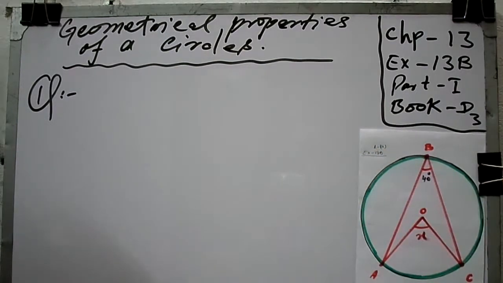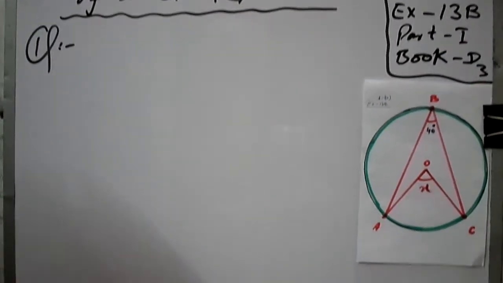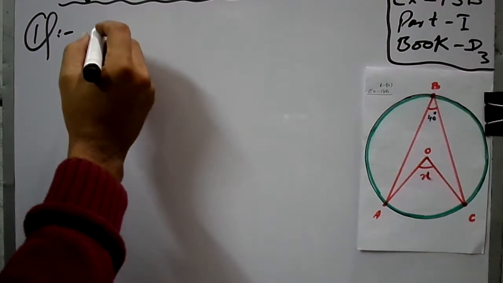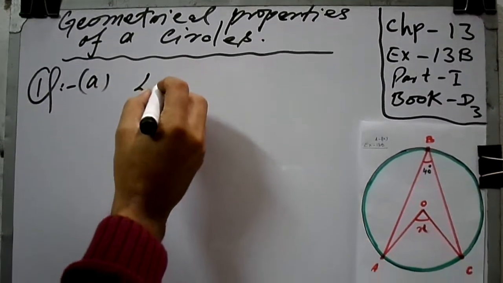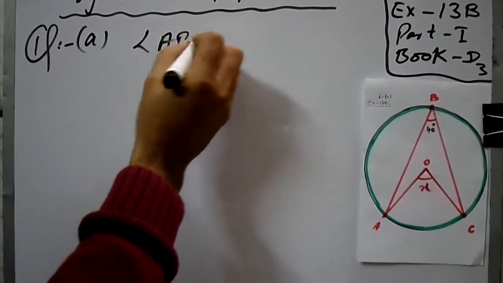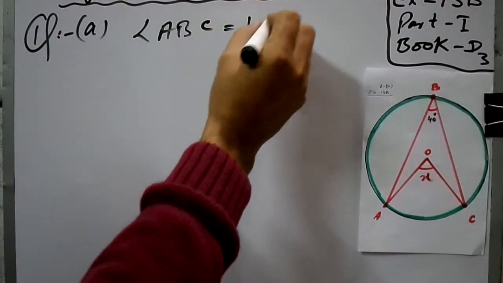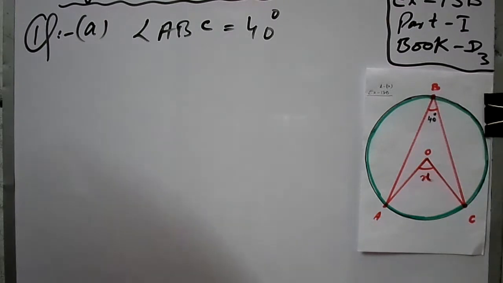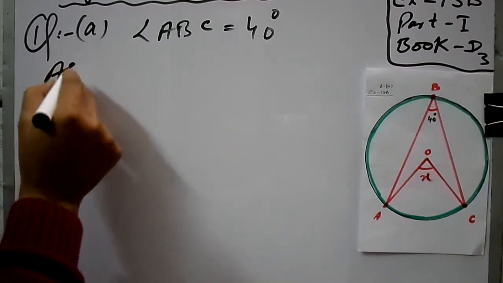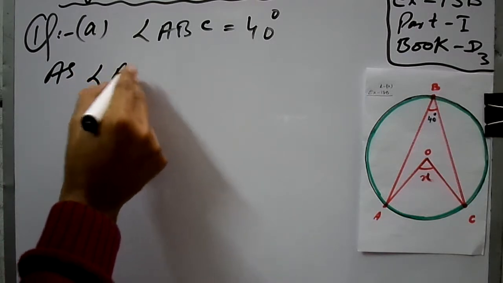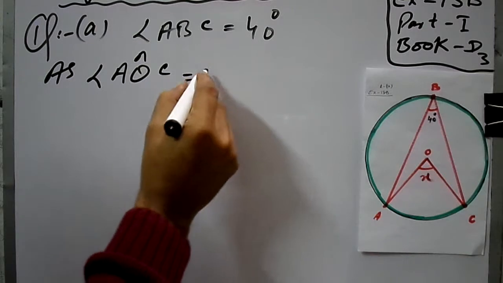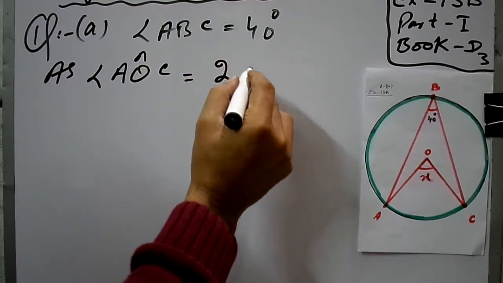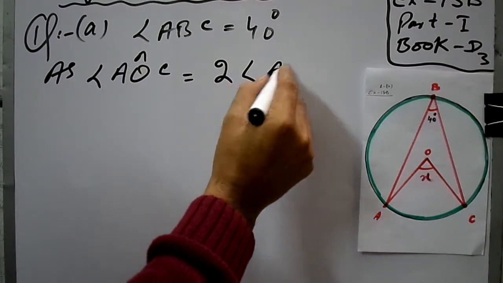You can see here the triangle, that is your A part, that is angle ABC. ABC is equal to 40 degrees, and the angle AOC is equal to 2 times the angle ABC.